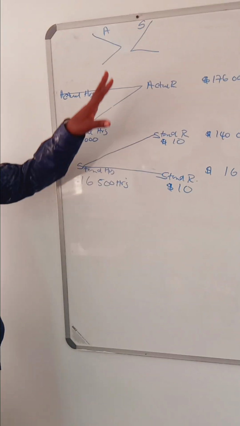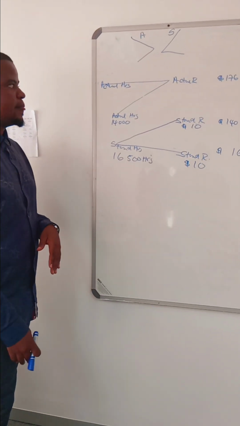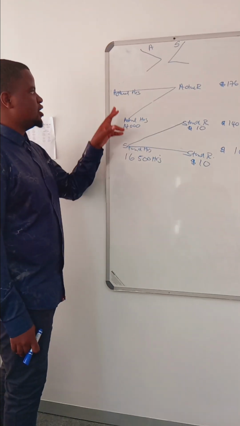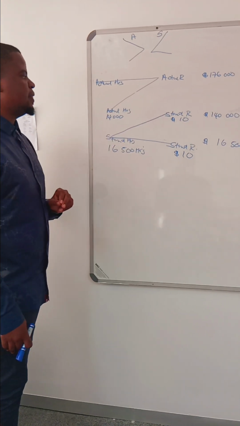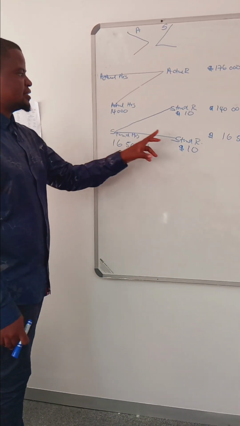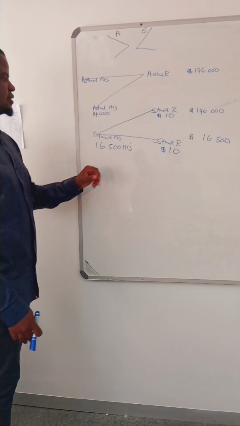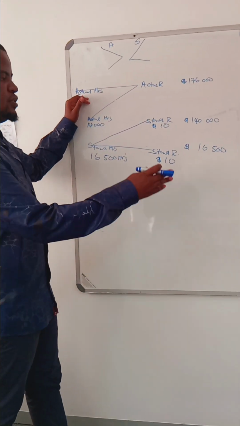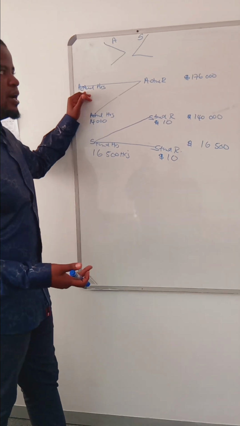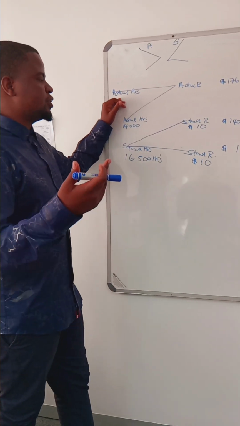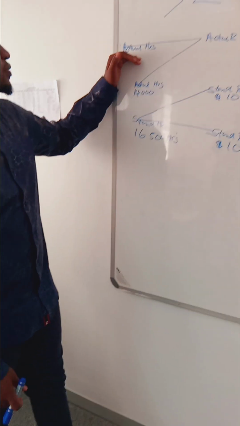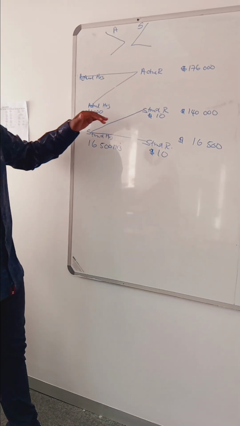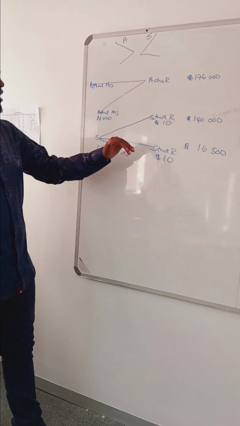So we want to use the less than and greater than approach. You draw your greater than sign, you put A, then you draw your less than sign, you put S. Since we are talking of labor variance, we are talking of hours. So we have actual hours times actual rate, actual hours times standard rate, standard hours times standard rate.